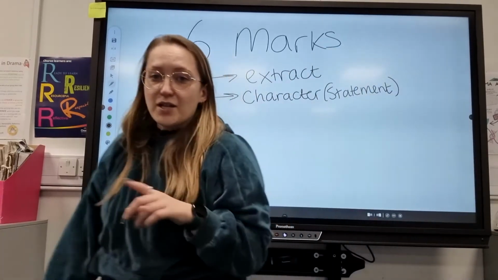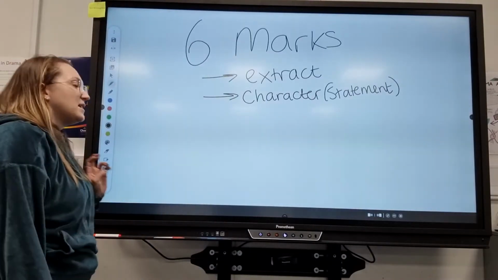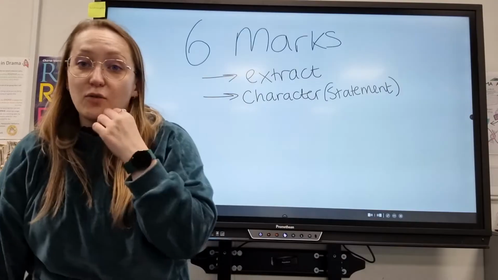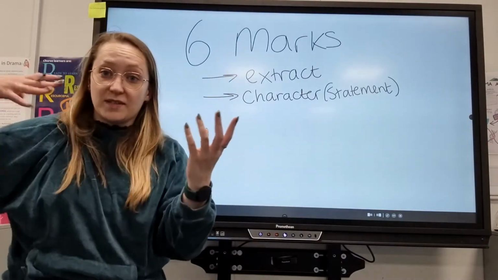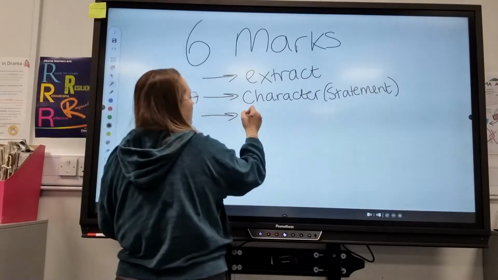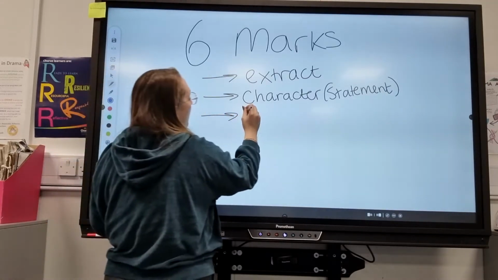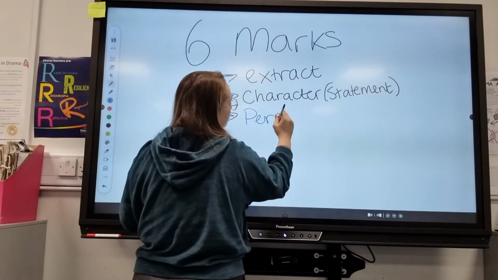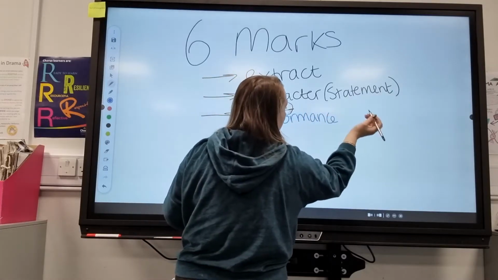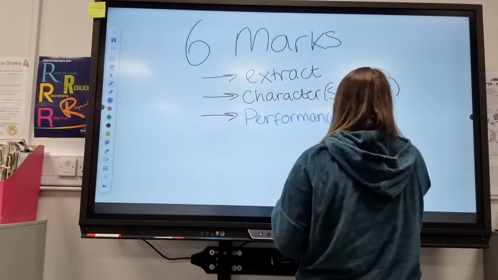Now, the question itself is very similar in that it's asking you to think about your vocal skills and your physical skills. However, they use the phrase, I'll put this in blue, performance skills. And this, like I said, is exactly the same as the other question.